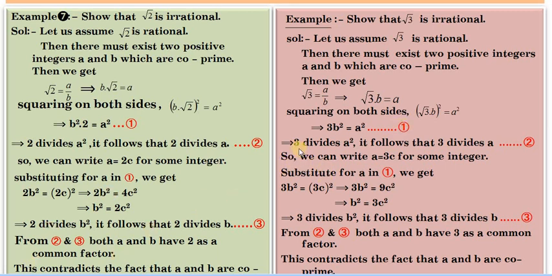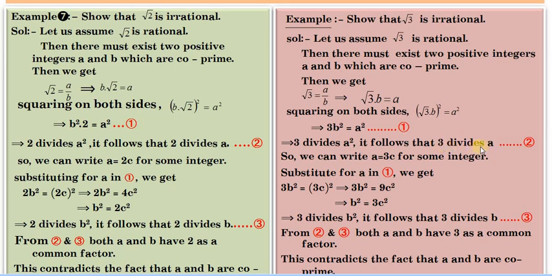Now in this, 3 divides a square, because a square is a multiple of 3. So you can write it as a square is divisible by 3. Whenever a square is divisible by 3, then a also is divisible by 3. So 3 divides a square, it follows that 3 divides a. It's represented as statement 2.